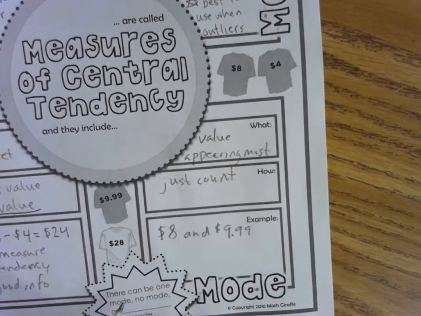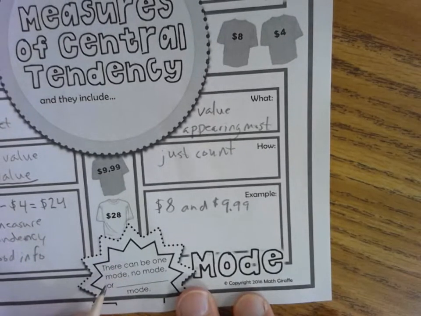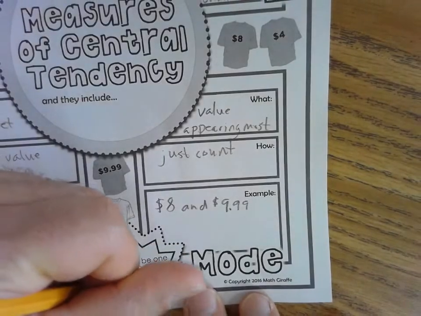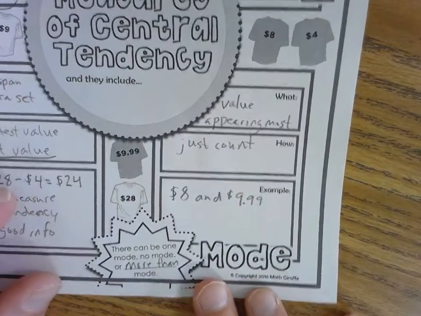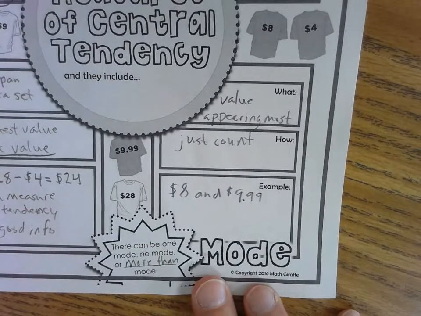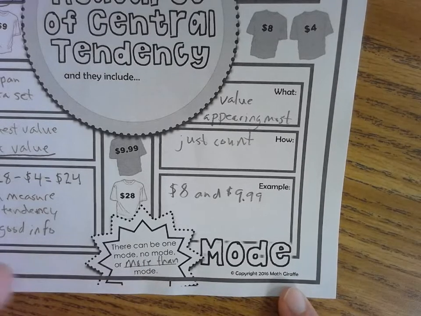Okay, so there can be one mode, no mode, or more than one mode. Okay, so you might not have a mode because you might just have all the numbers once. You might have more than one mode, so you could have a couple numbers 3 times or whatever.